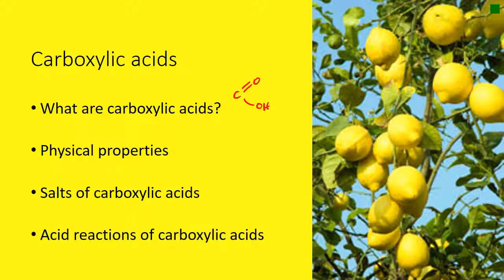Hydrogen bonds and dimers were the key points there. We looked at salts of carboxylic acids, especially ethanoate ions, and we know how to name them as well. And we also had a look at the acid reactions, the reactions with carbonates, making carbon dioxide, with metals, making hydrogen, and the exothermic reactions with bases, in particular the two alkalis that we used. Okay, there we have it.